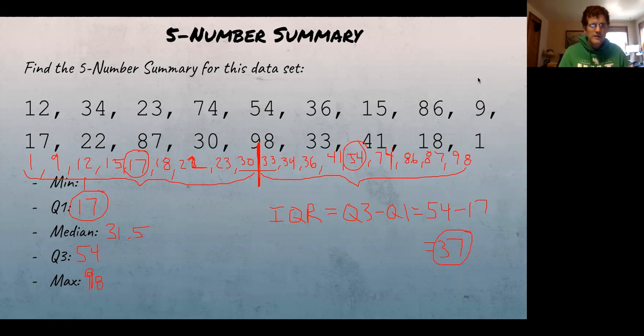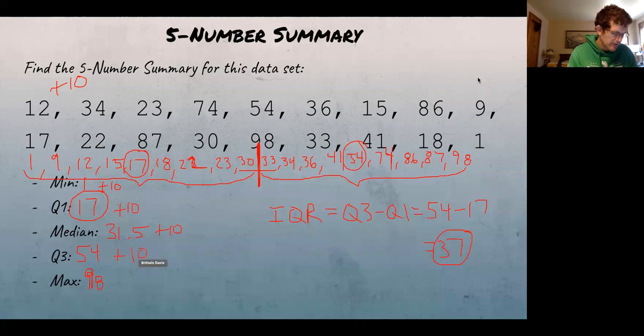So if all of these values were shifted up, if I added plus 10 to everything, then the numbers in my 5-number summary would all change by plus 10. But the IQR would not. The range between Q1 and Q3 stays constant.